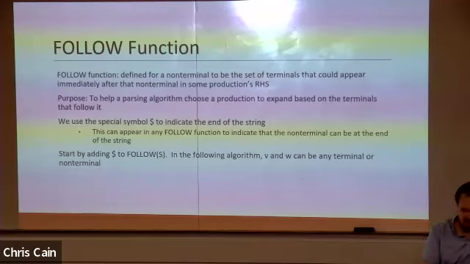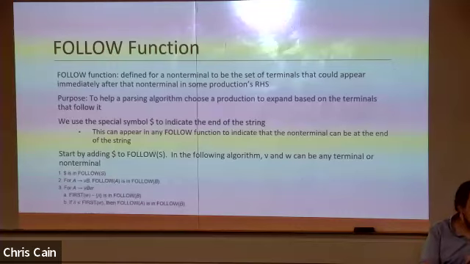So we're going to go through the actual algorithm, and the way that the book uses it is they use V and W. Do note that these V and W can be any terminal or non-terminal. That'll help this make a bit more sense. So we start by adding $ to follow of S. Then we're going to be looking, saying, go through all of the productions for all non-terminal arrow something. And again, that V could be any terminal or non-terminal.